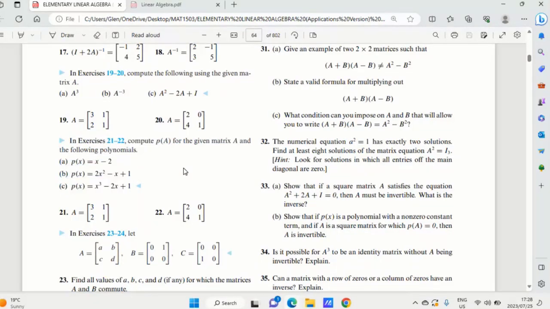Vincent: I got something different for A. Can they repeat it? I got 4 and 0, 4 and 3, which is 2 by 2, for number 22A. Let's start with 22A. I got a 2 by 2 matrix with entries 4 and 0, and then 4 and 3.